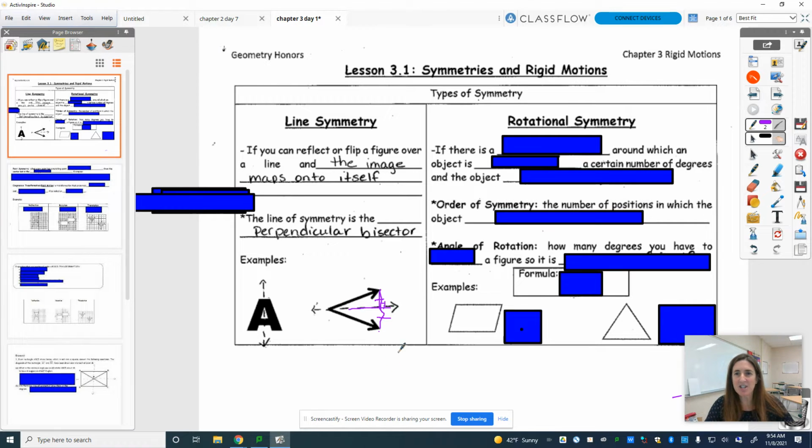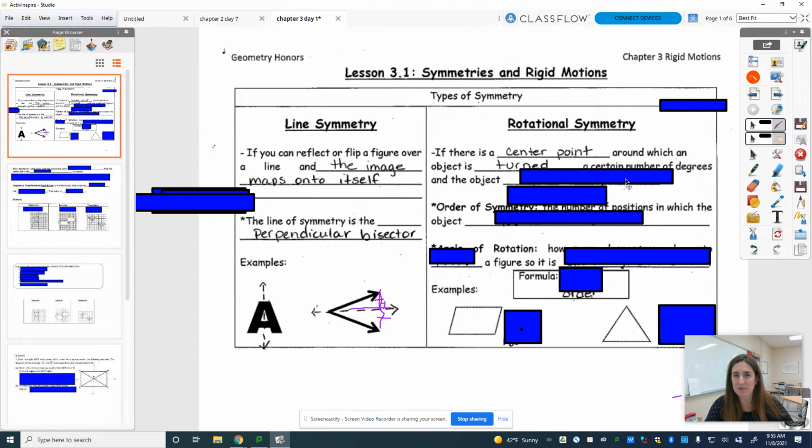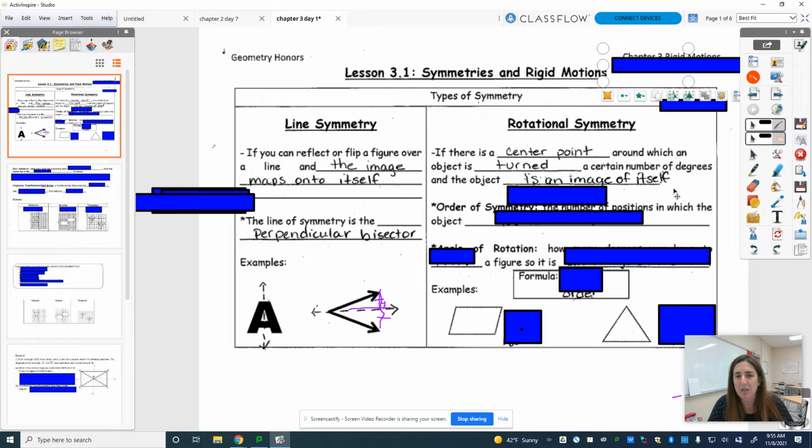Okay, rotational symmetry. Now, rotational symmetry is when there's a center point which the object can turn about a certain number of degrees, and the object is going to look like an image of itself. So if you look down at these shapes down below, this shape's a parallelogram, and this shape is a triangle.